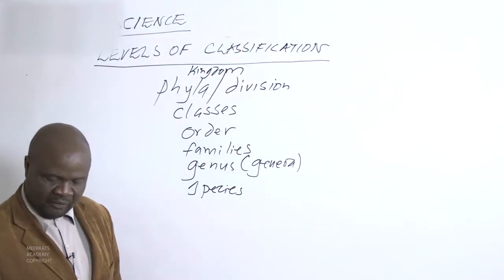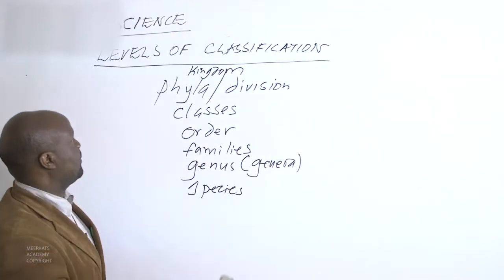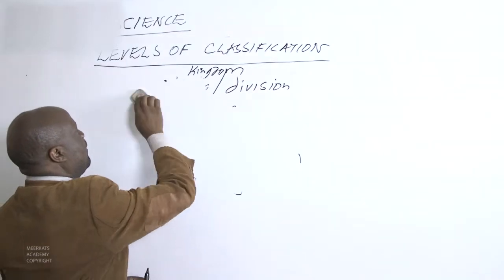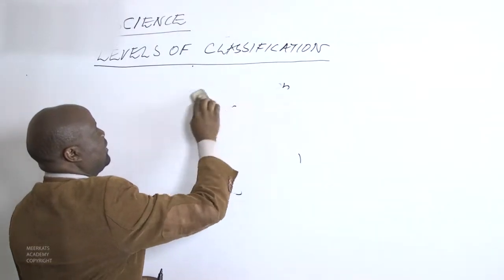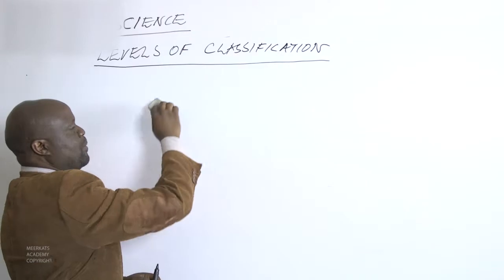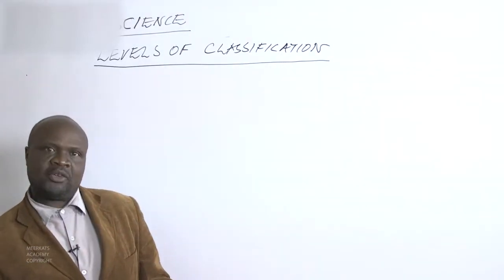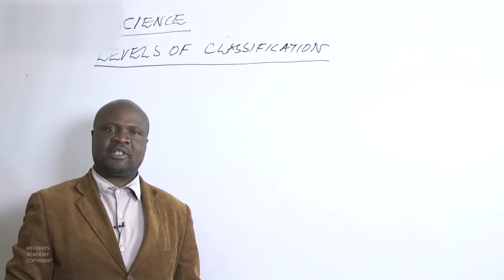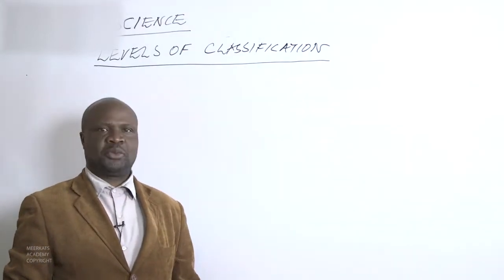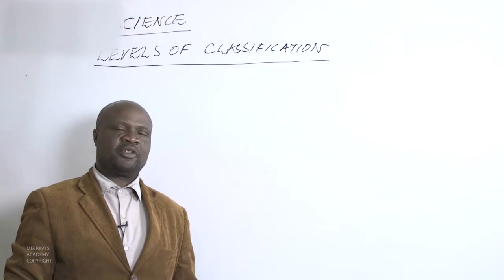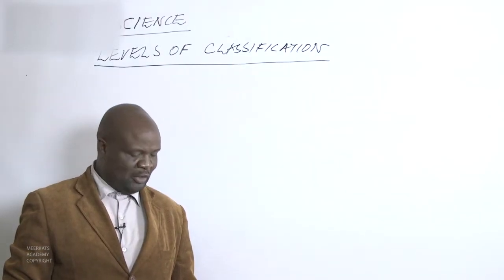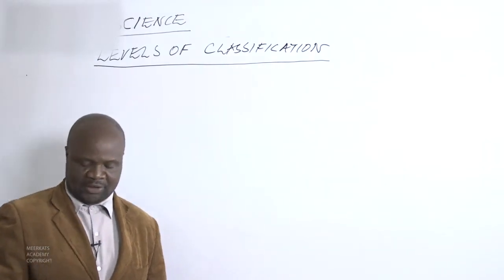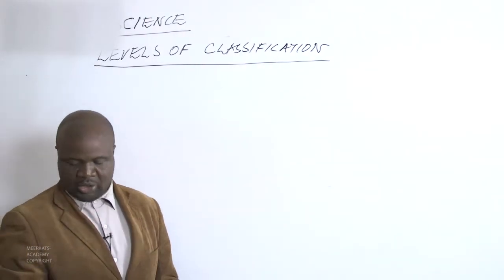Maybe we can have a structural representation of what these classifications are. And we know that when we are trying to classify particular organisms, we use the last two levels, the lowest levels, the one for species and the other one for the genus or the genera. That's how we use them.